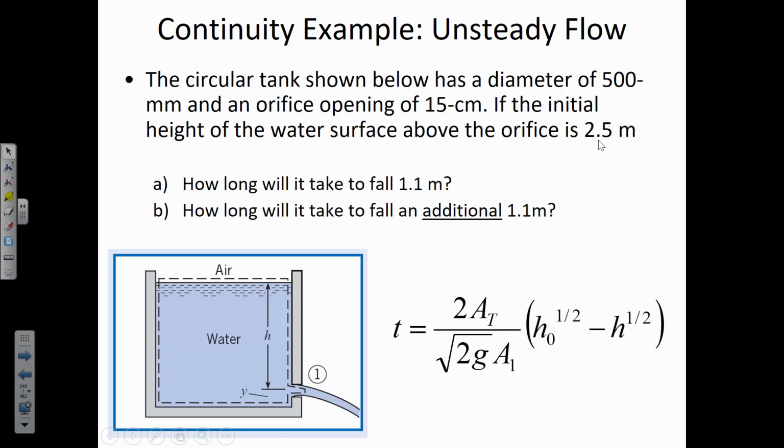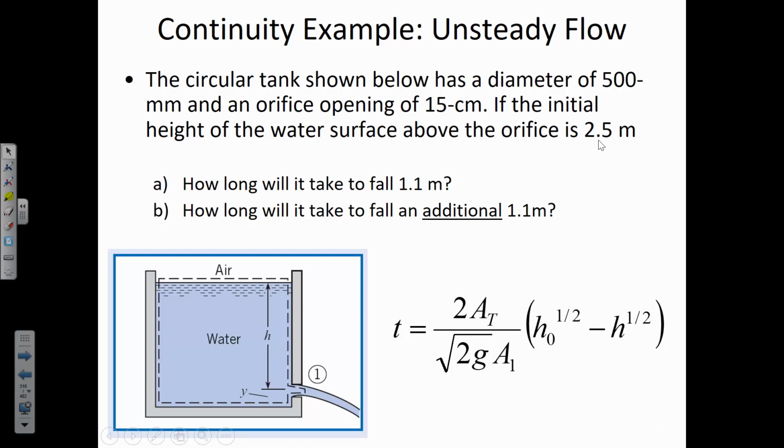In the first step, how long will it take to fall a distance of 1.1 meters? And remember, the h naught is the initial height, and then h is the height of the water above the orifice. And so you're going to have to do just a little bit of math at the beginning.